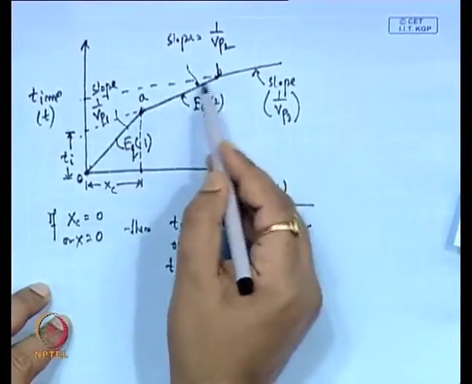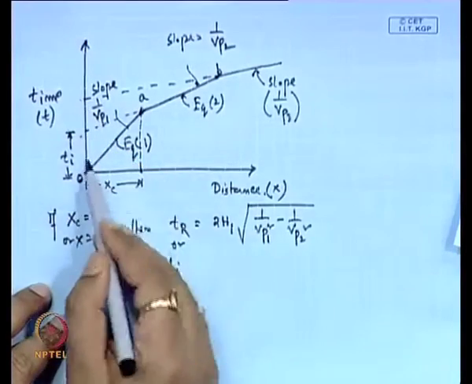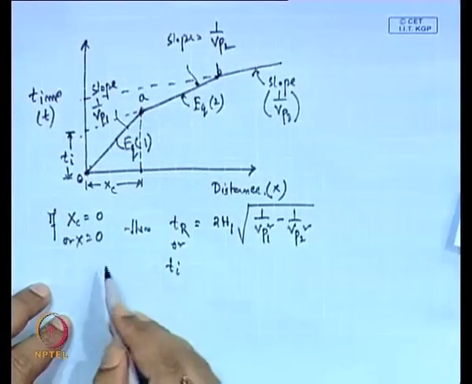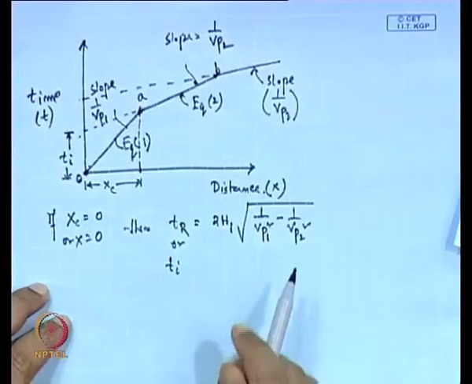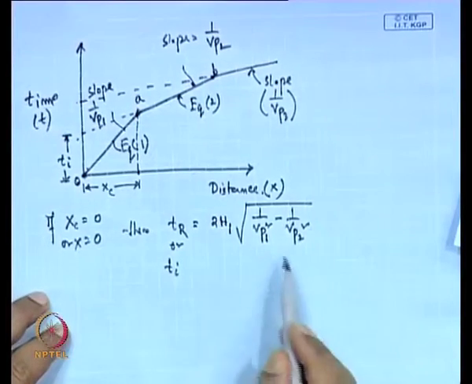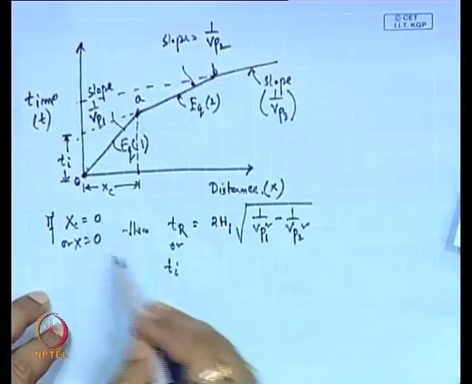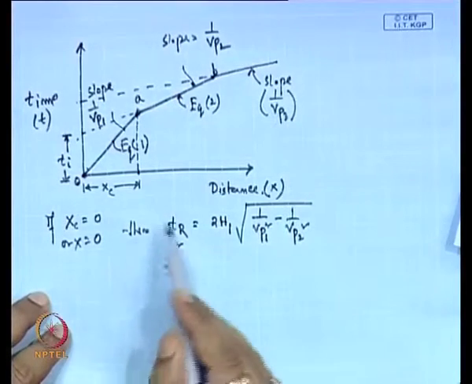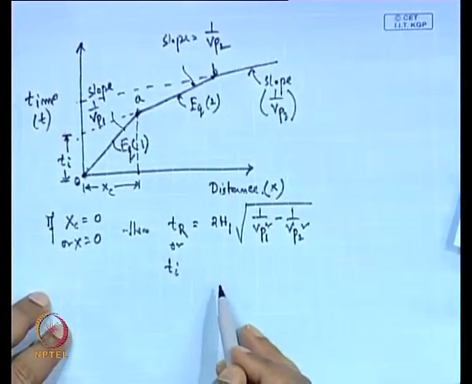So by extending this line, we will get the thickness of the second layer also. In this fashion we can determine the velocity of each layer and the thickness of each layer.